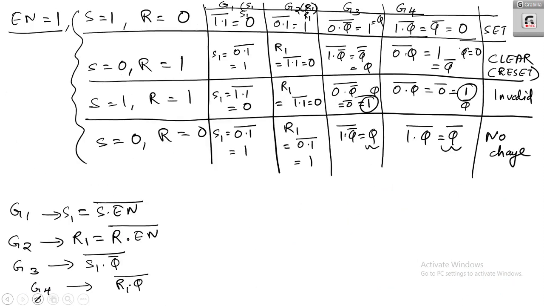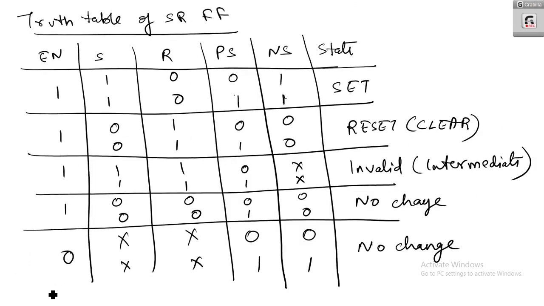After that I have done the analysis of when enable is equal to 1: S is equal to 1, R is equal to 0; S is equal to 0, R is equal to 1; S is equal to 1, R is equal to 1; and S is equal to 0, R is equal to 0. So there we have got 4 cases: set, clear, invalid, and no change. And I have simplified it into truth table form.